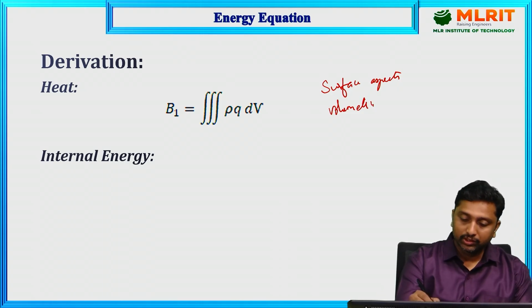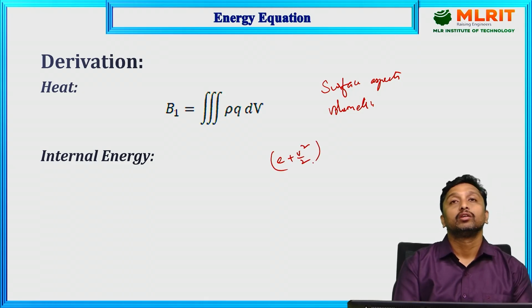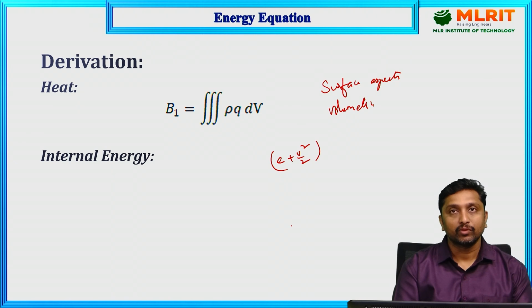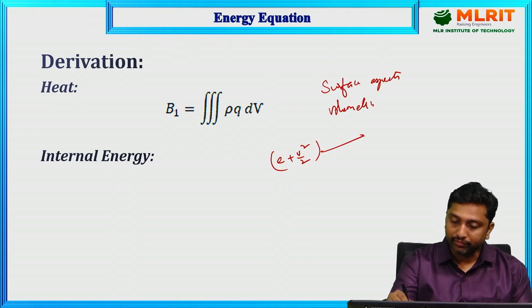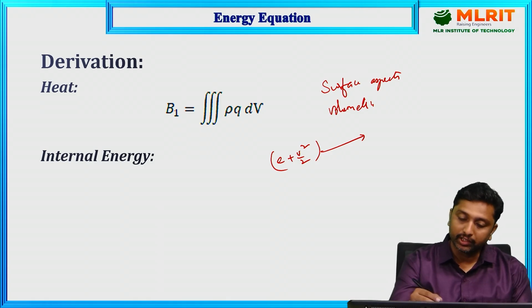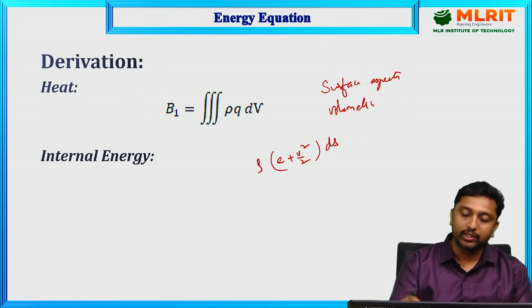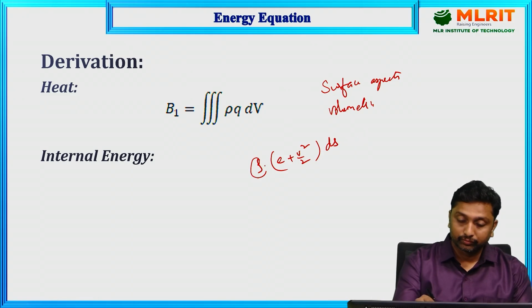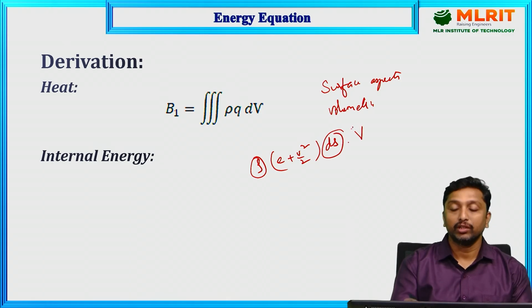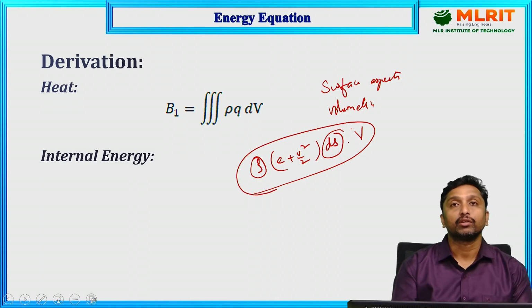Since we have considered E plus V square by 2 as the internal energy per unit mass, the change in internal energy through the surface can be written as rho into dS, multiplied with velocity, which gives the rate of change of internal energy contributed through the surface.